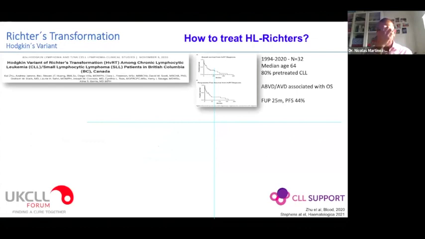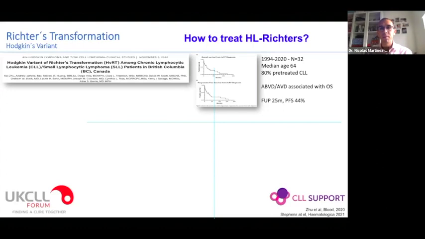A couple of big studies that I'm going to show you here. This is a large series showing that in this time span of 25 years, in a large tertiary center in Canada, they've only been able to record 32 cases of Richter's, so it speaks of how rare it is.